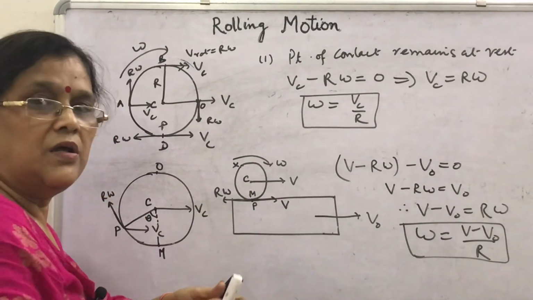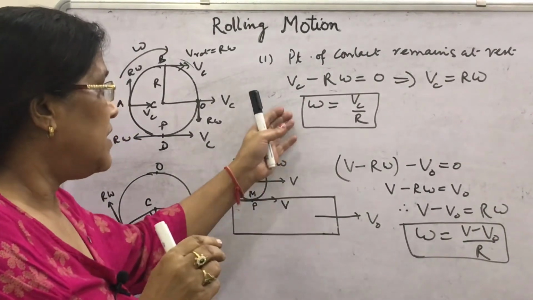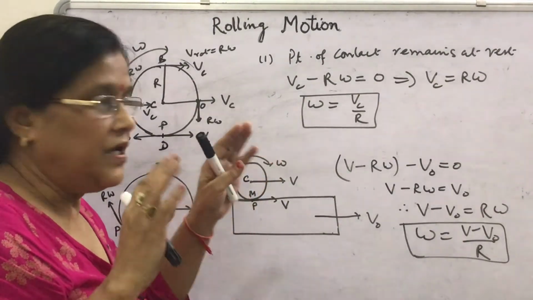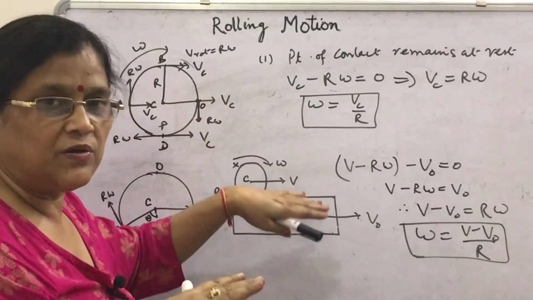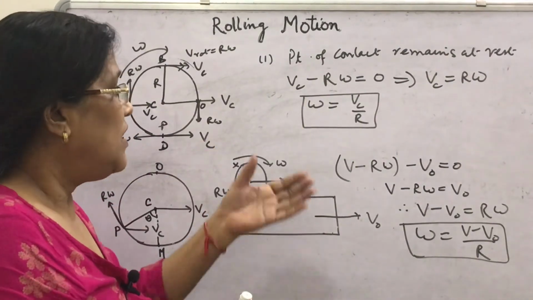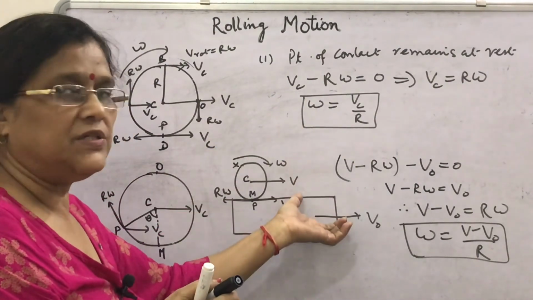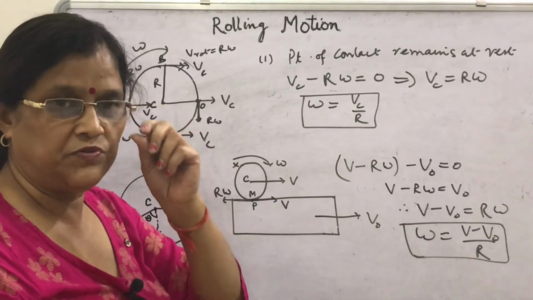Now, in case of pure rolling, we have seen the conditions in case of calculating displacement and velocity. In rolling motion, we have seen how the displacement and velocity is calculated in the given situation.